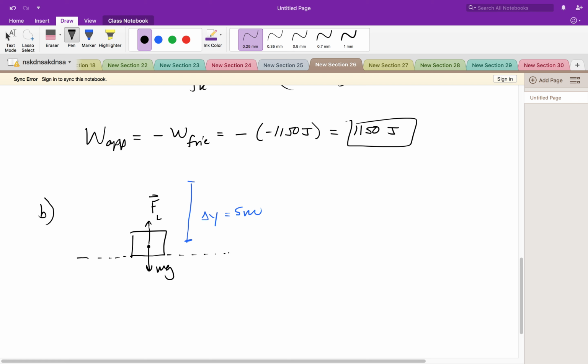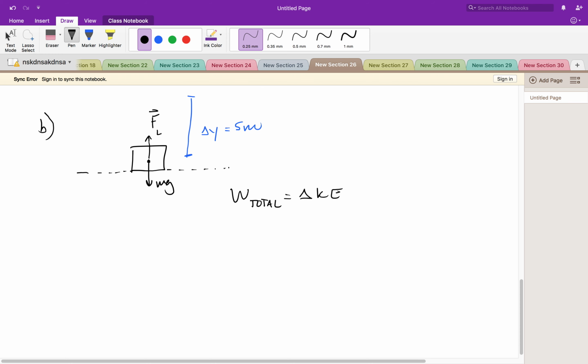So again, the total work done is the change in the kinetic energy, but since we're moving at constant velocity again, change in kinetic energy is 0. So it's going to be basically the lift work plus the gravitational work equals 0. So here, the work of the lift is going to be negative the gravitational work.